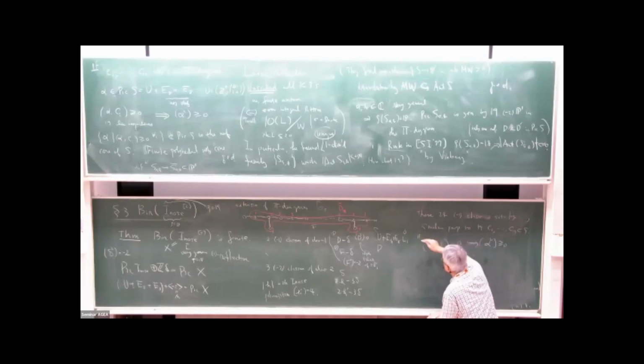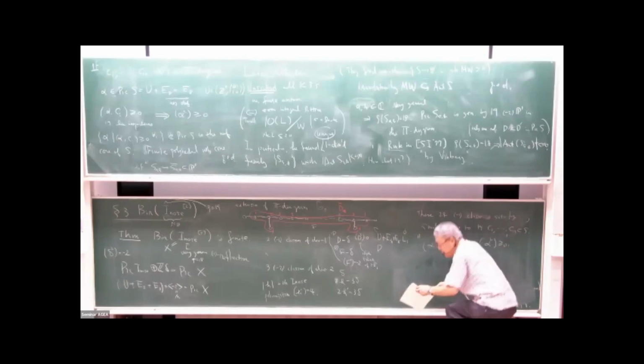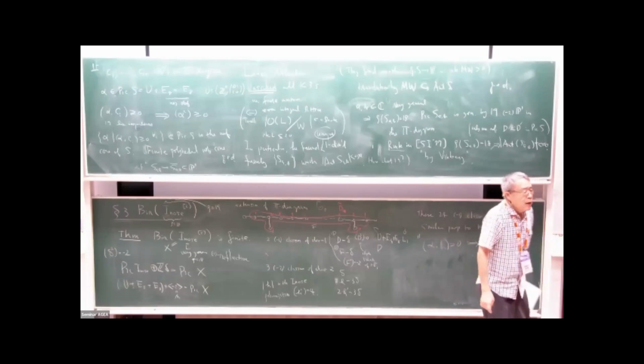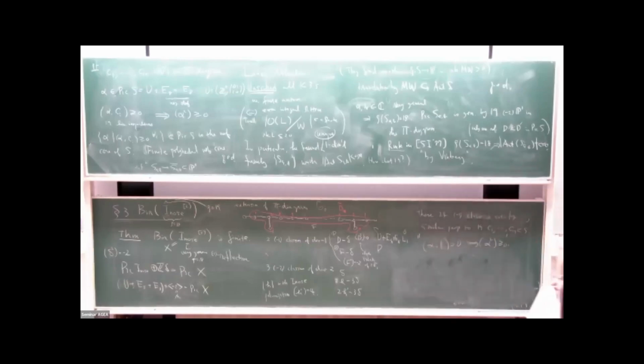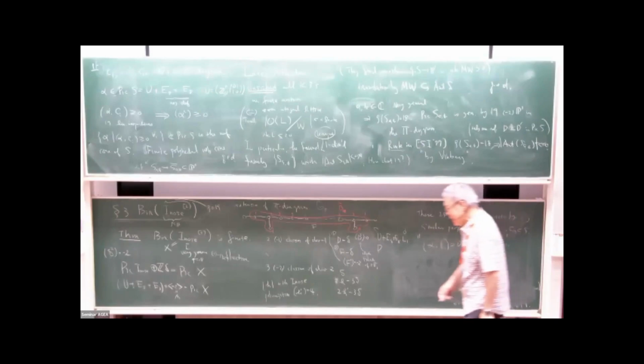So the crucial property is this one. All are minus 2 classes. For example, 2H minus 3 delta squared is 4 times 4 minus 9 times 2, which is minus 2. And these are generators.